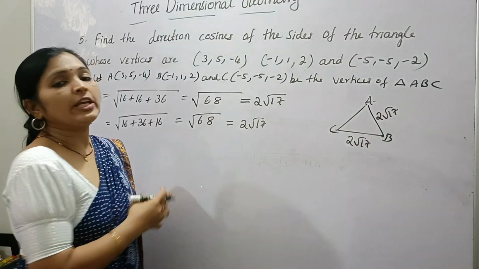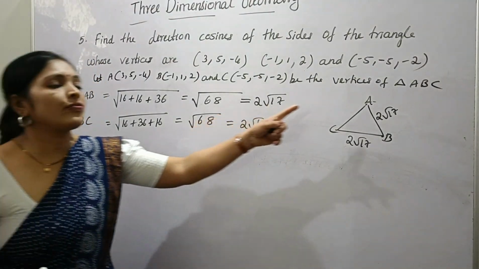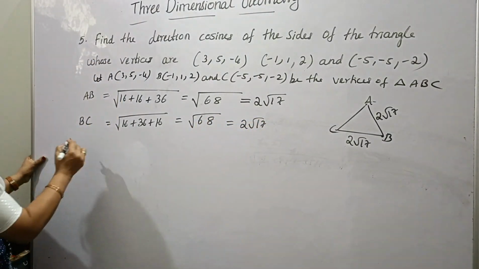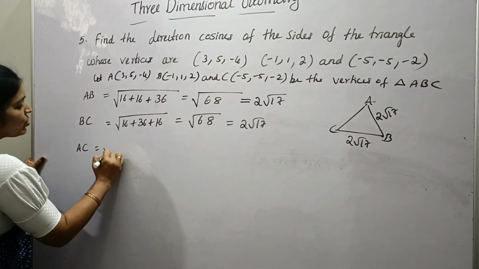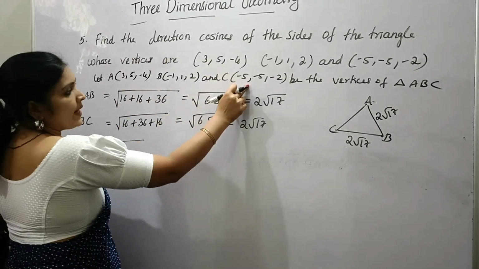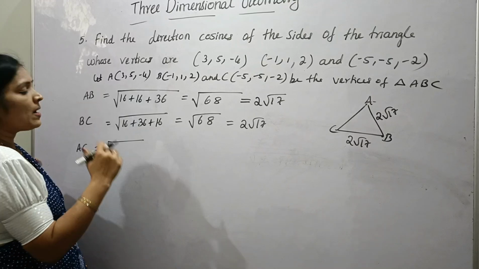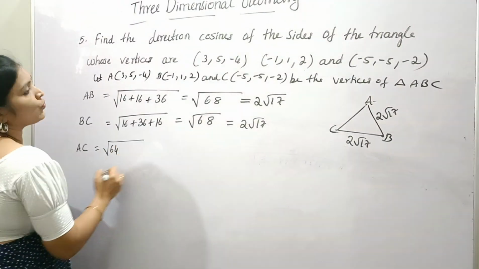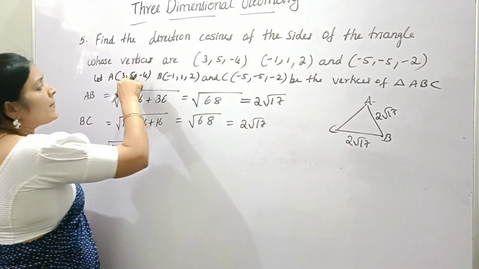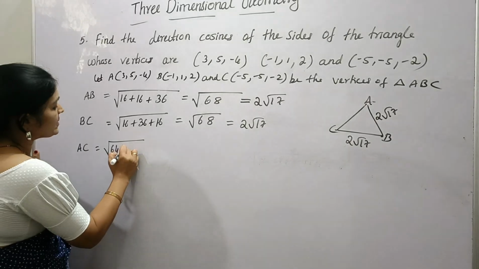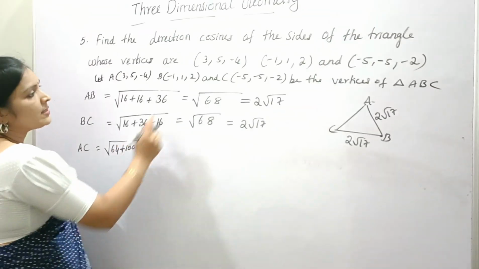Next we need to find the length of AC, the third side. So AC is equal to the square root of, these are the points, minus 5 minus 3 is minus 8, square 64. Minus 5 minus 10 is minus 15... square 100 as stated.